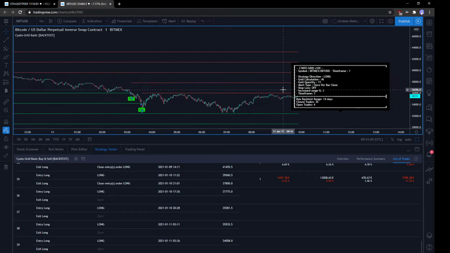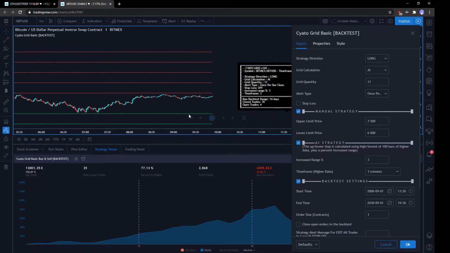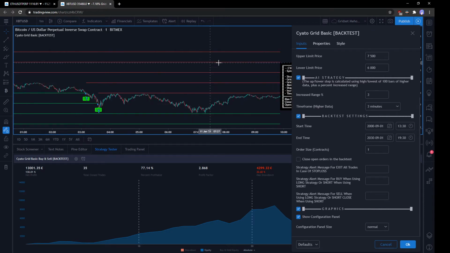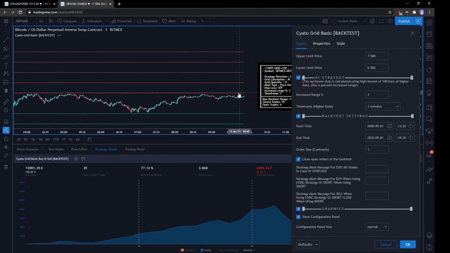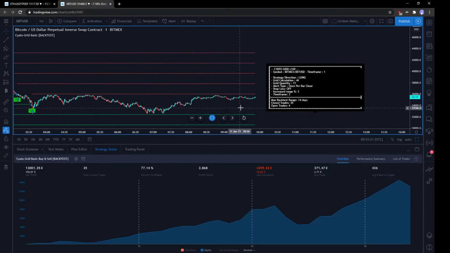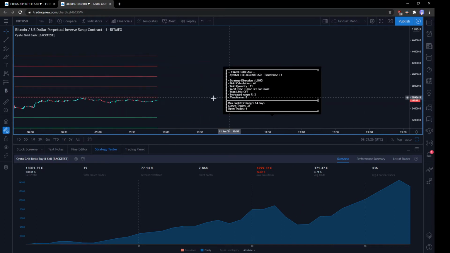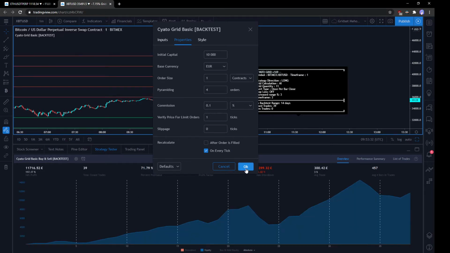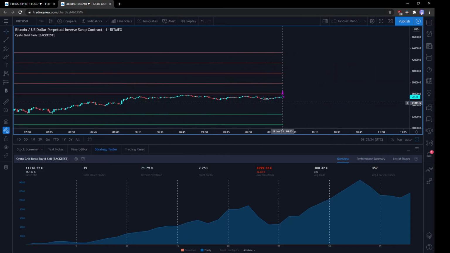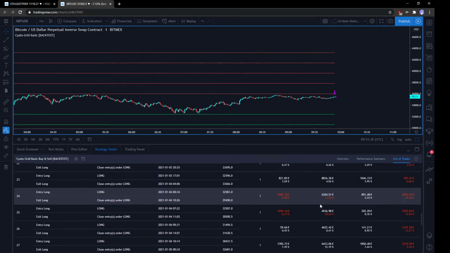If you want to see the results as if you were closing the trades right now, you can click this option, and it will close the trades. I need to make sure I have this turned on. Okay, so here we can see that the trades are closed in the list.